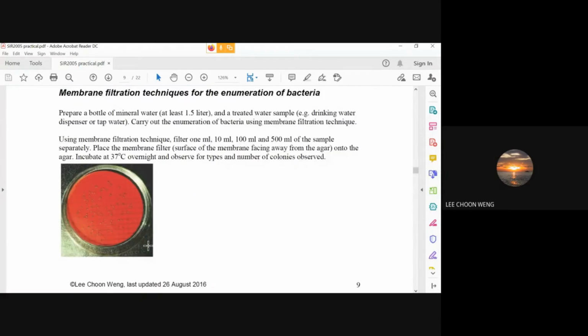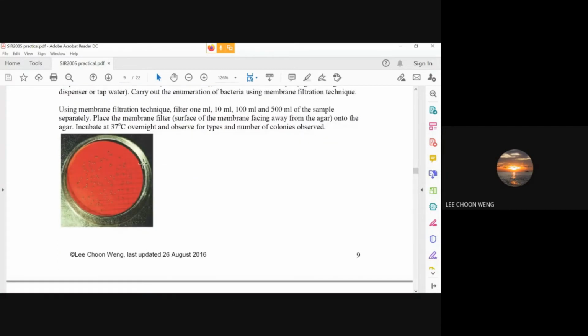MFT. Okay, so this one uses a gridded filter. So this is called a gridded filter. The filter comes with grids. It's to help you with your counting.